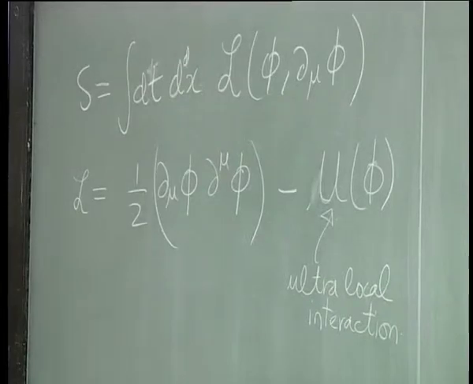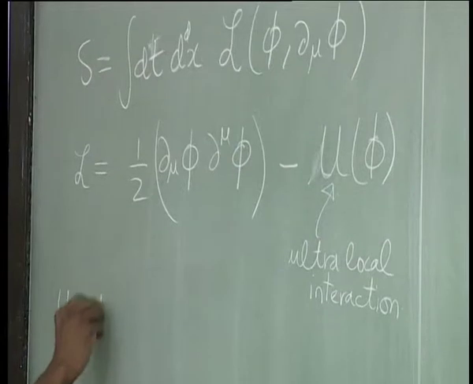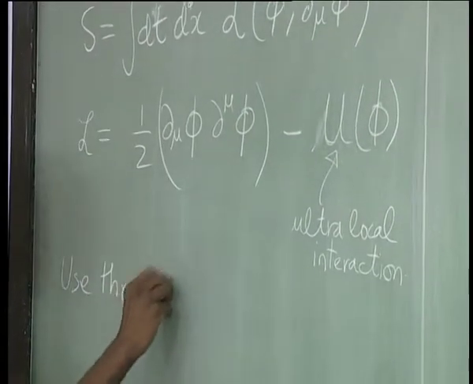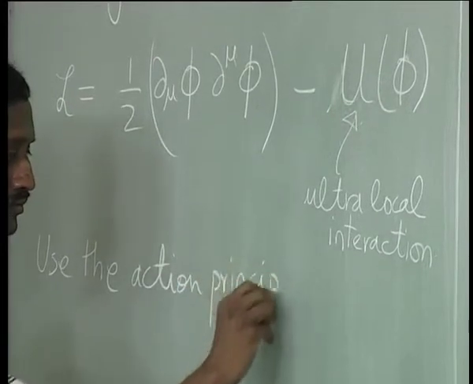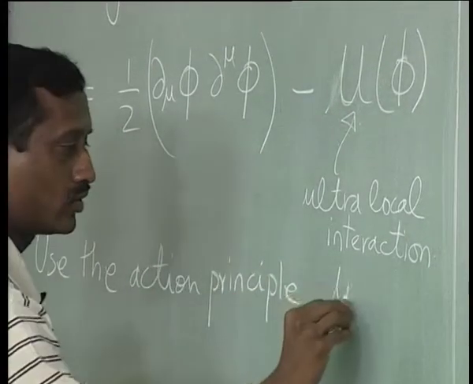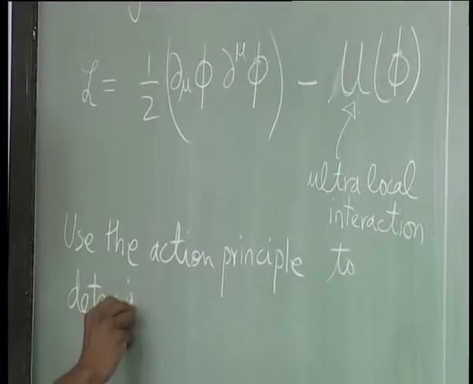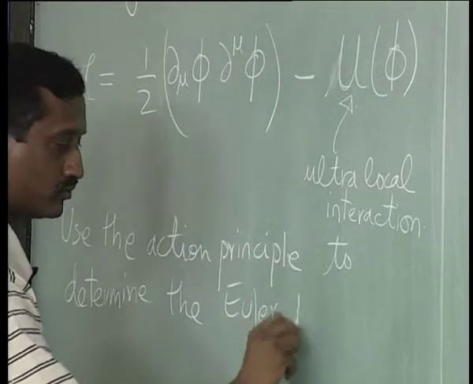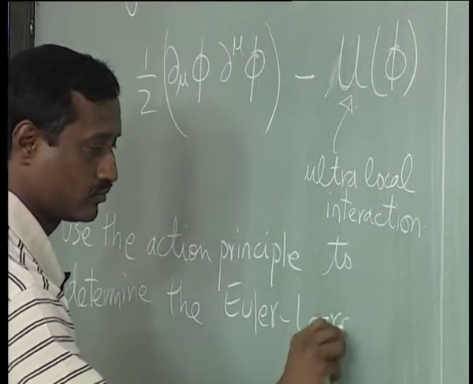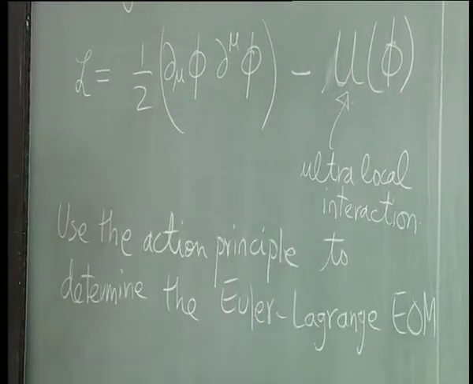So, the thing to do next is to use the action principle to determine the Euler-Lagrange equations of motion. Equation of motion is short for equation of motion.